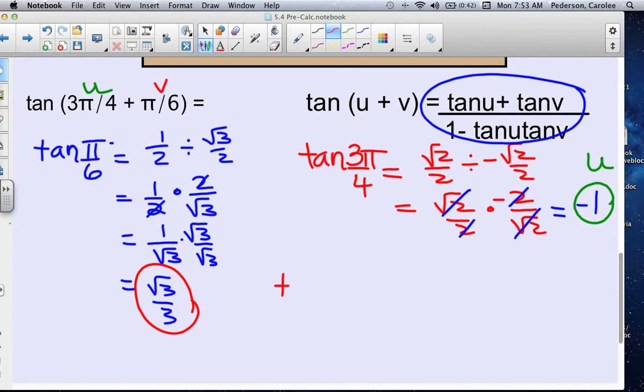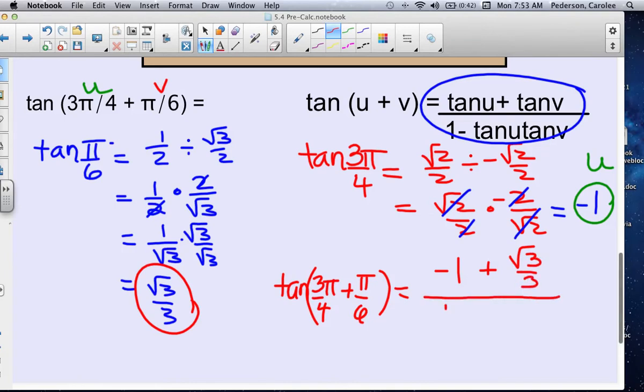So the tangent of 3 pi over 4 plus pi over 6 equals the tangent of u, which is negative 1, plus the tangent of v, which is square root of 3 over 3, all over 1 minus the tangent of u, negative 1, times the tangent of v, which is square root of 3 over 3.